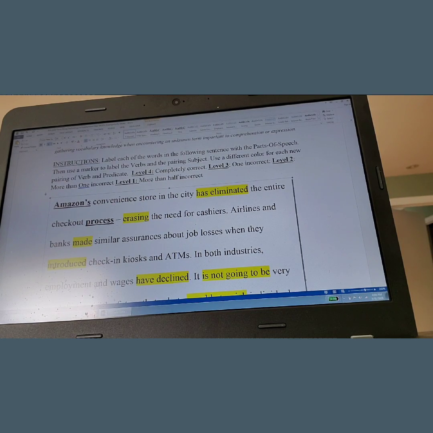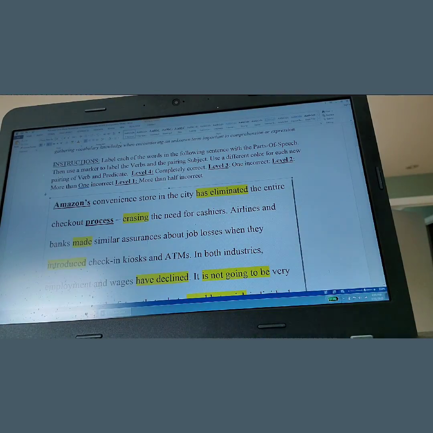It says airlines and banks made similar assurances about job losses when they introduced check-in kiosks and ATMs. Okay, so it starts talking about just Amazon this happening at, right? Then it mentions airlines and banks.